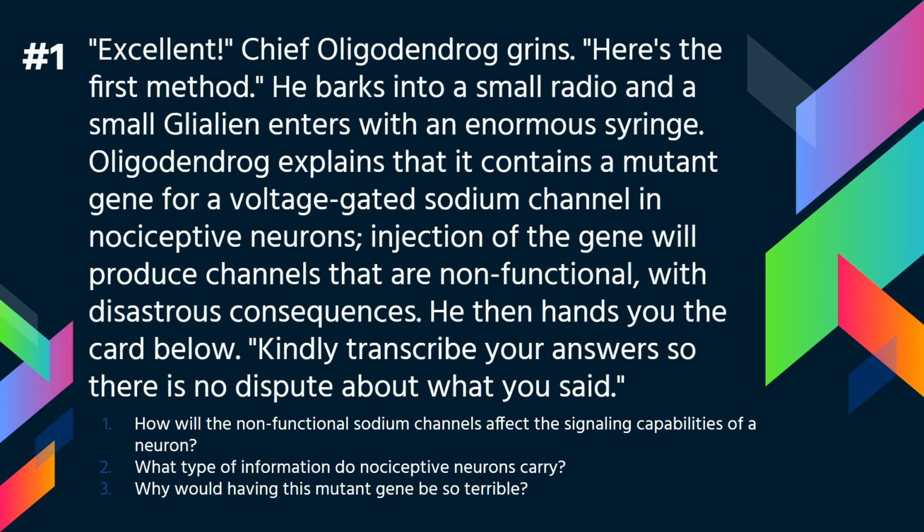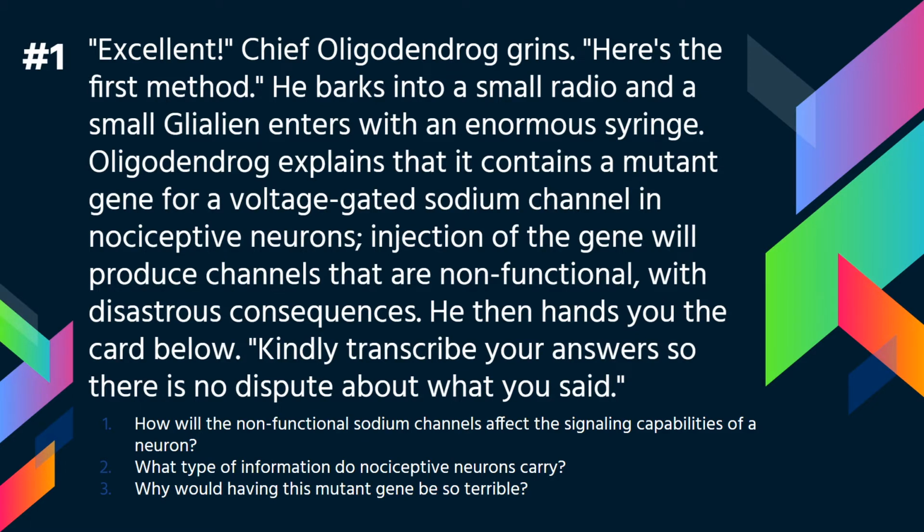Excellent. Chief Oligodendrog grins. Here's the first method. He barks into a small radio, and a small glialian enters with an enormous syringe. Oligodendrog explains that it contains a mutant gene for a voltage-gated sodium channel in nociceptive neurons. Injection of the gene will produce channels that are non-functional, with disastrous consequences. He then hands you the card below.